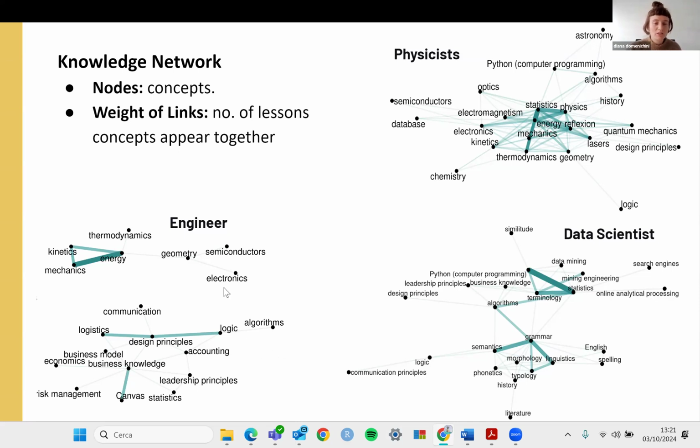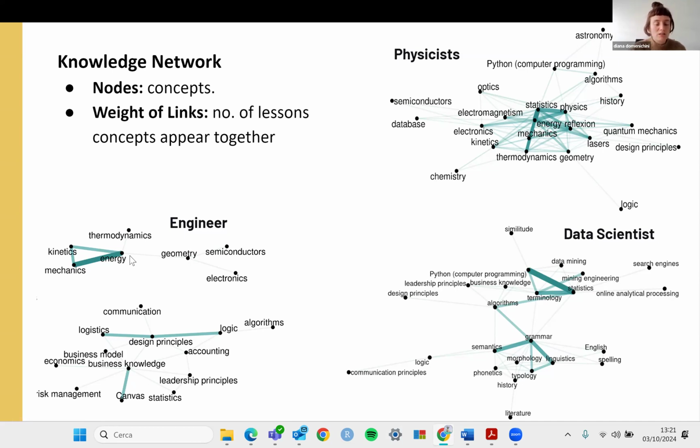On the other hand, in the other two networks, we have two separated groups of knowledge. In the engineering network, it was a management engineering curriculum, where we have two groups of connected knowledge.